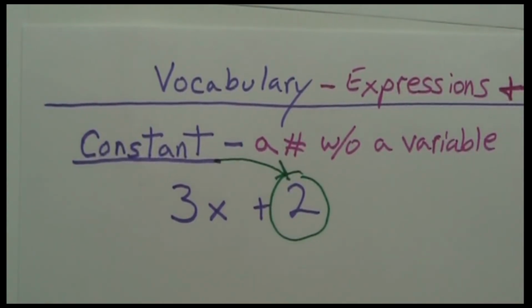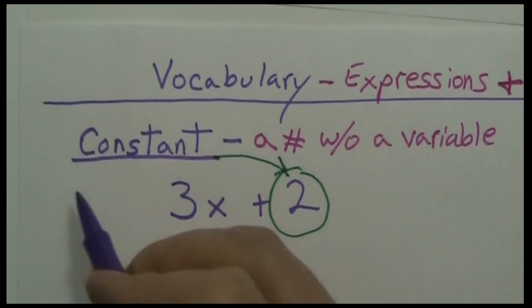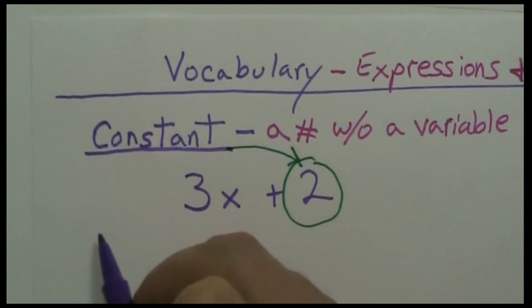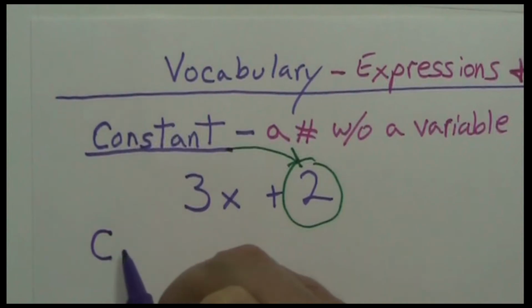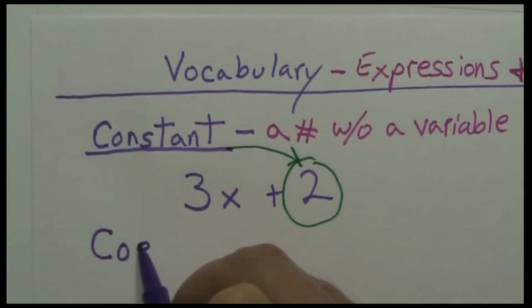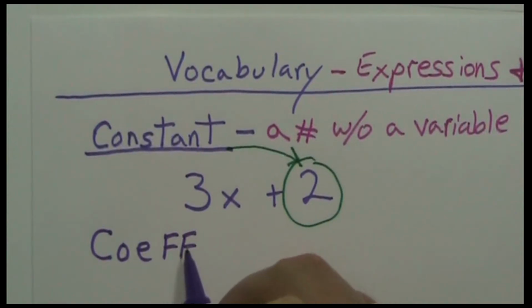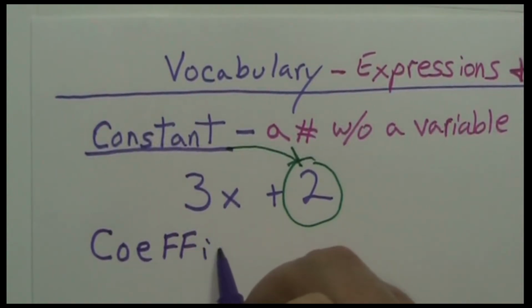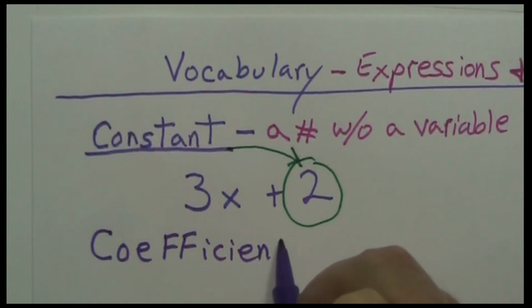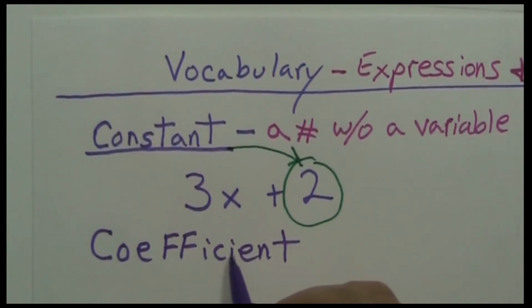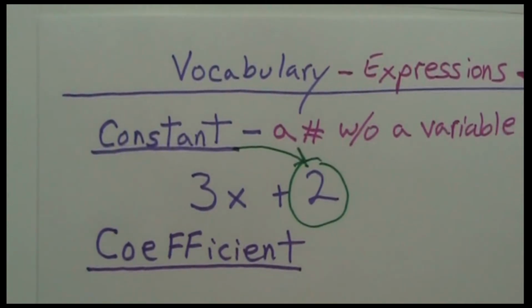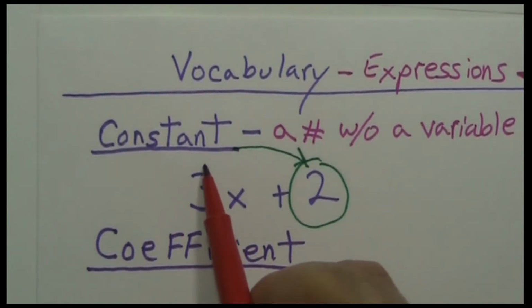Okay, next word is E, and then a double F, kind of like coffee. It reminds me of the word coffee. I-C-I-E-N-T, coefficient. Coefficient. Now, coefficient is actually this right here.